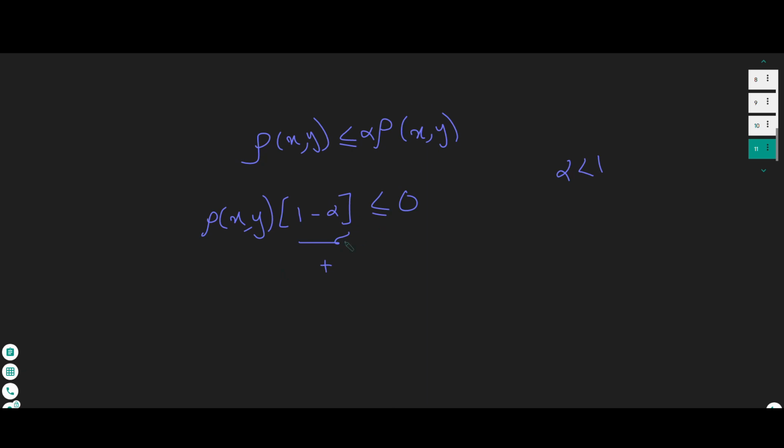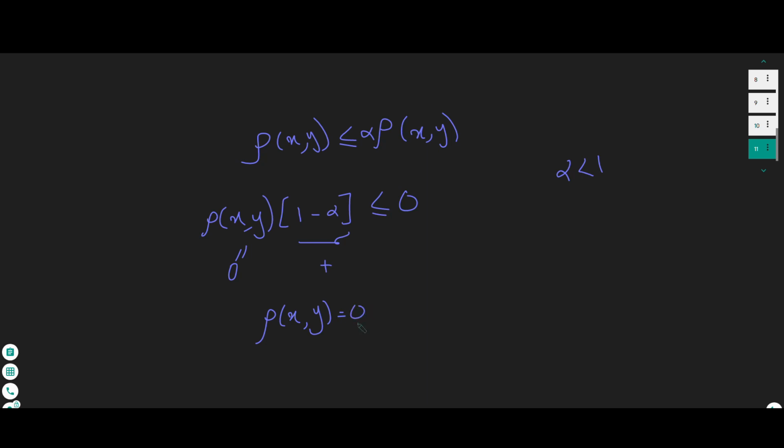Right? So this is strictly positive. So the only way this inequality can hold is if the distance between x and y is either negative or 0. But metrics defined on metric spaces cannot be negative. They are positive single-valued functions. This must be 0 then. Rho of xy is 0.